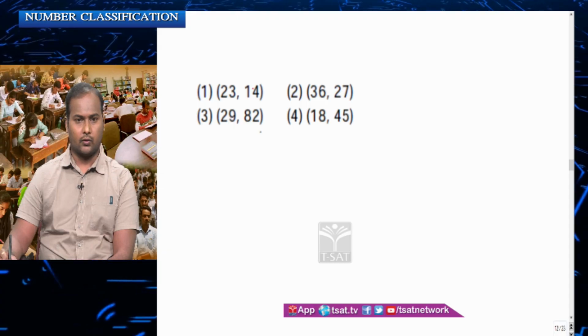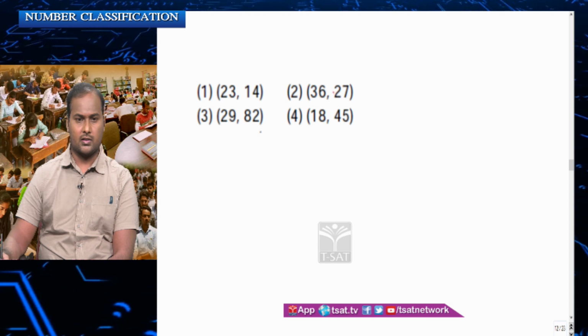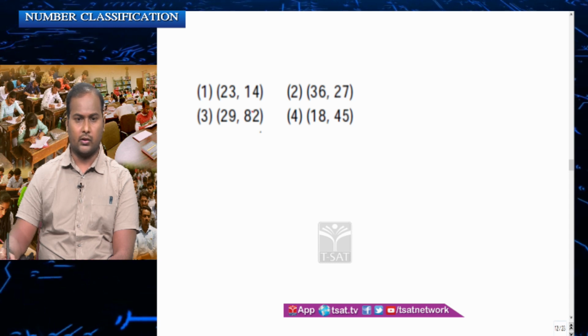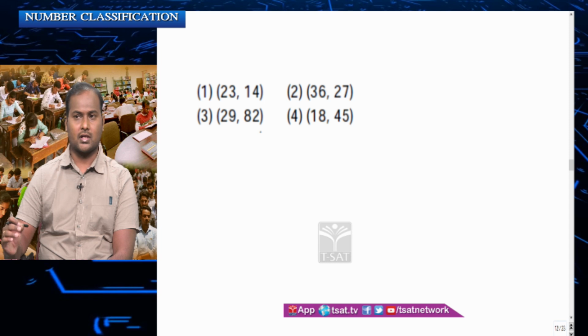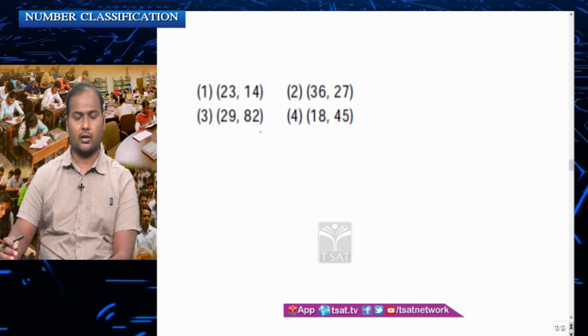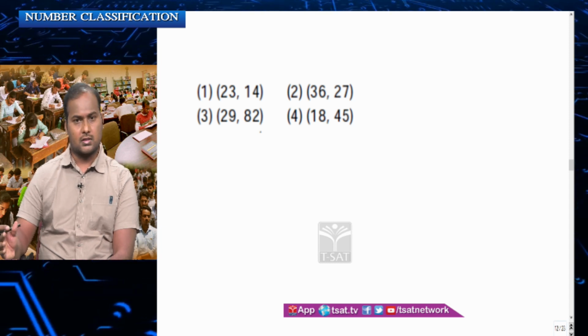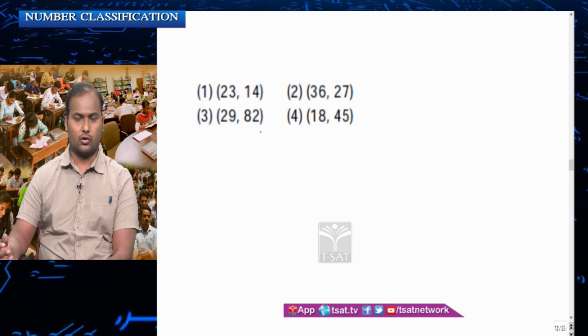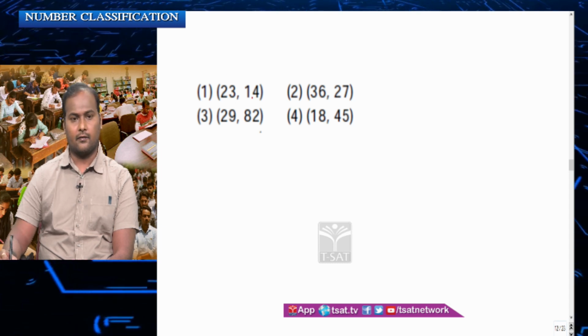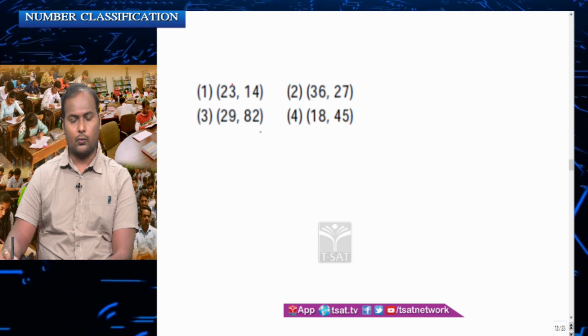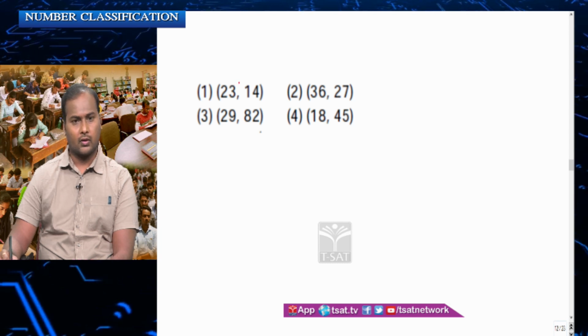Next question. See the numbers 2314, 3627, 2982, 1845. See here, what I said, you have to check the range. Based on the range, I can come to a certain conclusion whether it is squares, cubes, or a multiplication or division or subtraction. The moment I see 14 and 23, they are not very far, they are very near.